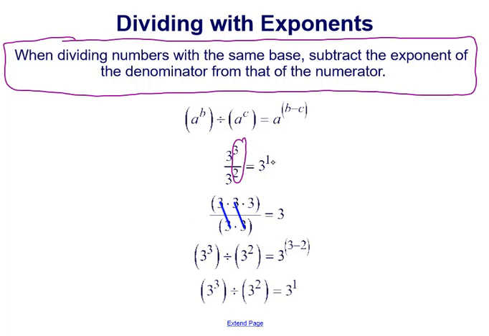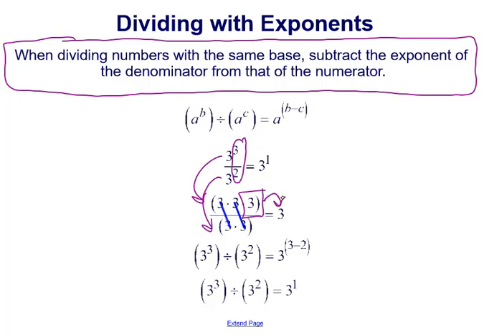Now this holds true again if we expand. 3 to the third is 3 multiplied 3 times. 3 to the second is 3 multiplied 2 times. And we have our 3 over 3's, which simplifies to 1, or reduces to a factor of 1, so we don't have to write it. It cancels out. It goes away, leaving us with just that one 3, which is 3 to the first, or 3.